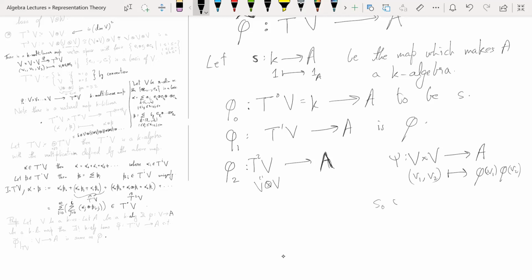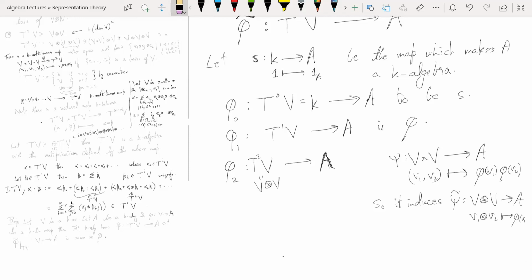So by the universal property of tensor product, C induces C tilde from V tensor V to A, which sends v1 tensor v2 to phi(v1) times phi(v2).